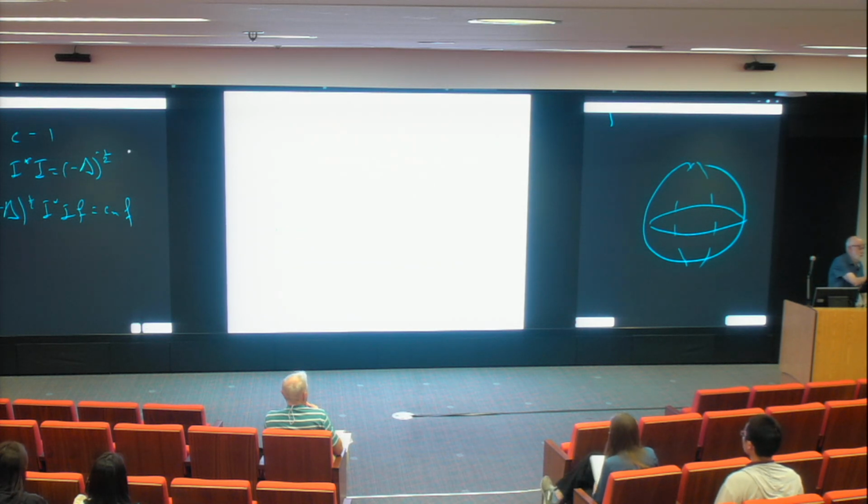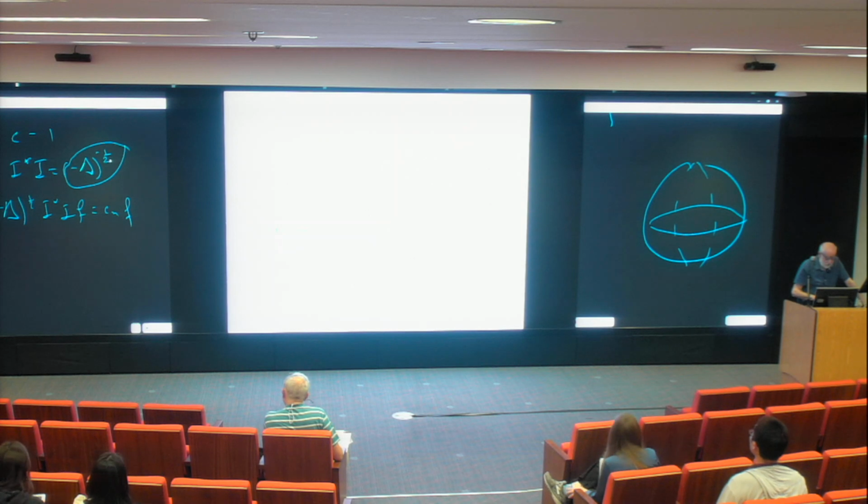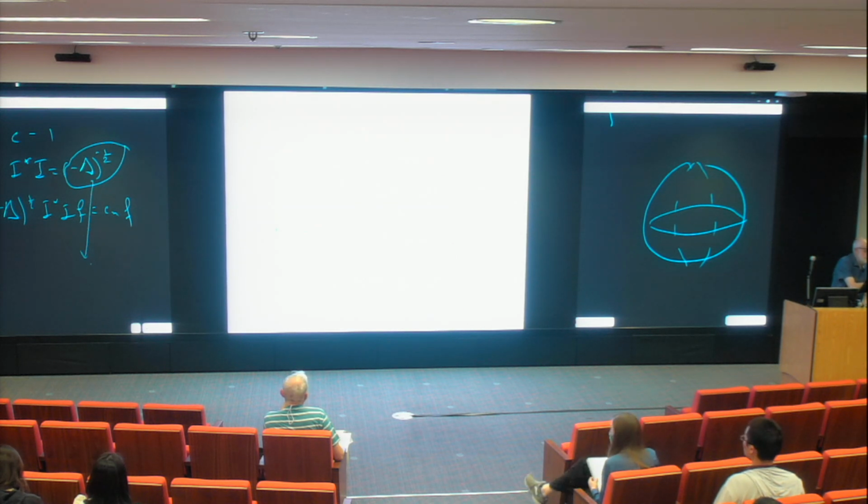Look, this is of order minus 1. The Laplacian is of order 2, minus the half. And the principal symbol, the highest order term of pseudo-differential operators, is C of x times C minus 1. Like the principal symbol of this is C to the minus 1.